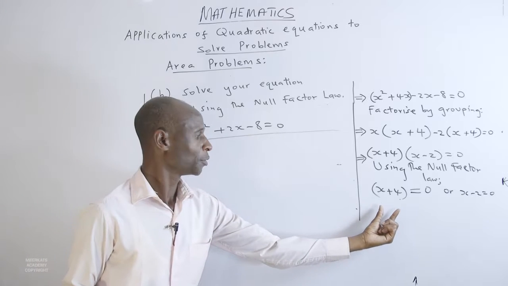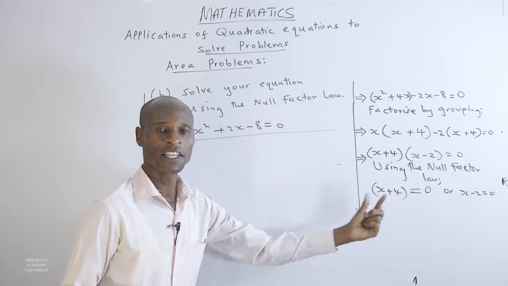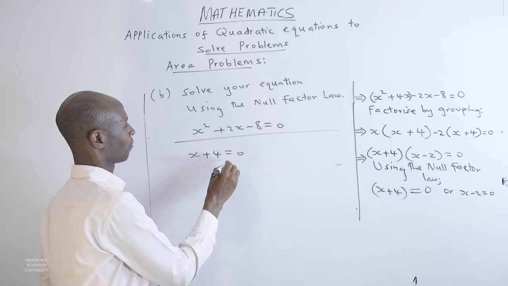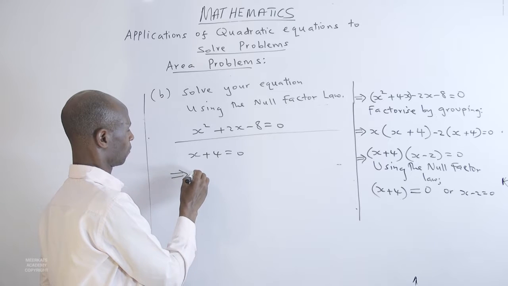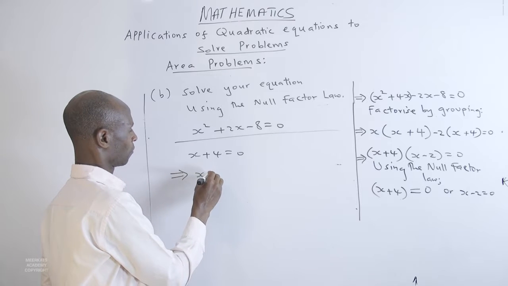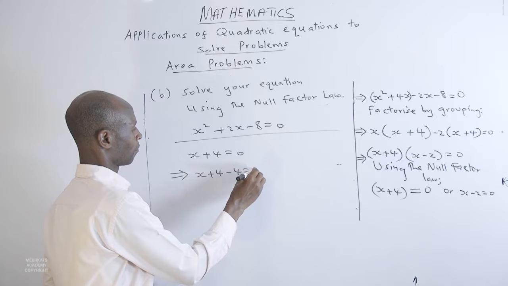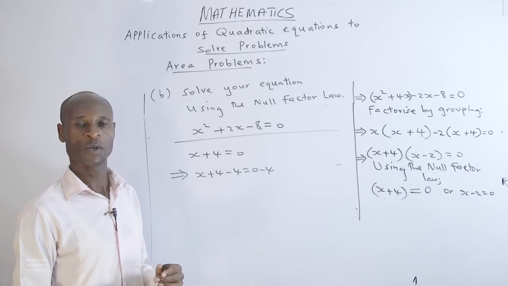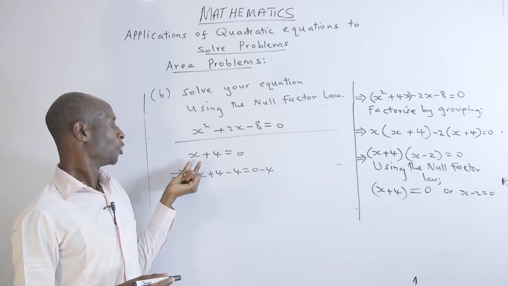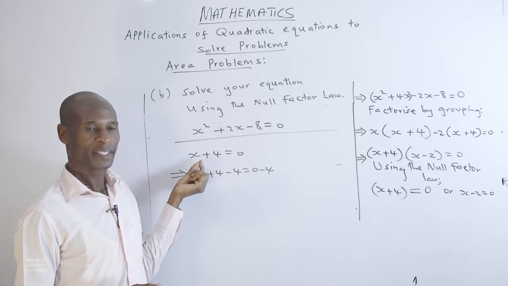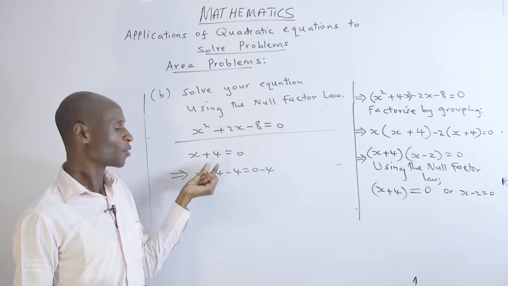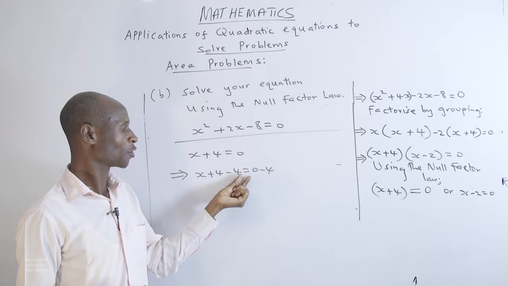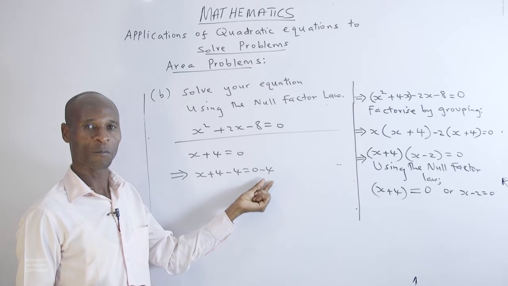So what we do, we start with the first linear factor. If we pick the first linear factor x plus 4 is equal to 0, we make x the subject by subtracting 4 from both sides. So in this case, we shall have x plus 4 minus 4 equals to 0 minus 4.